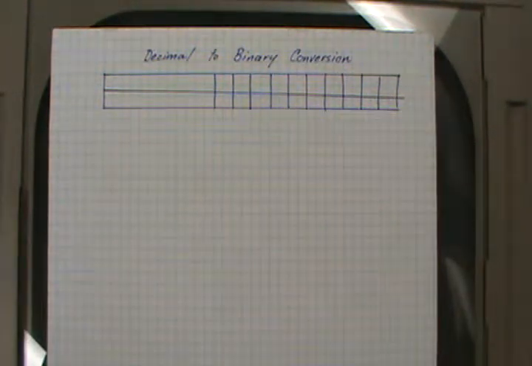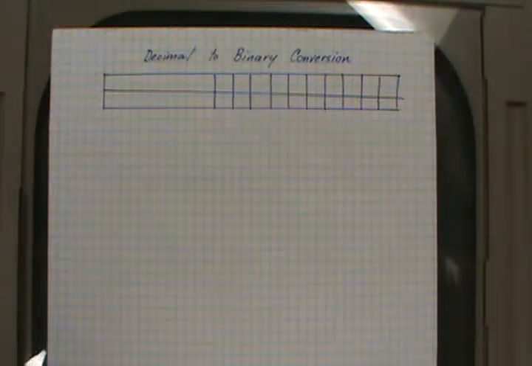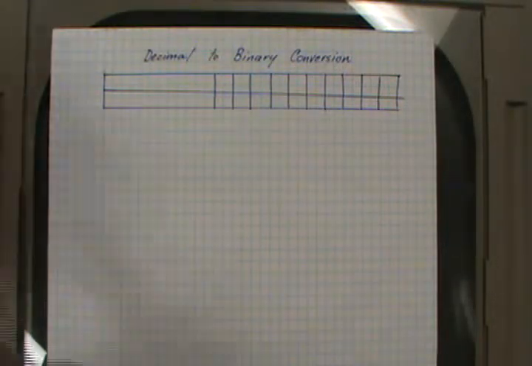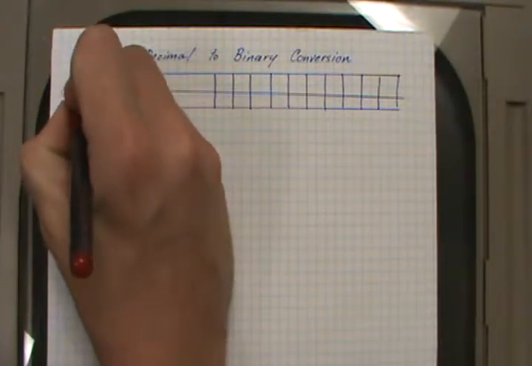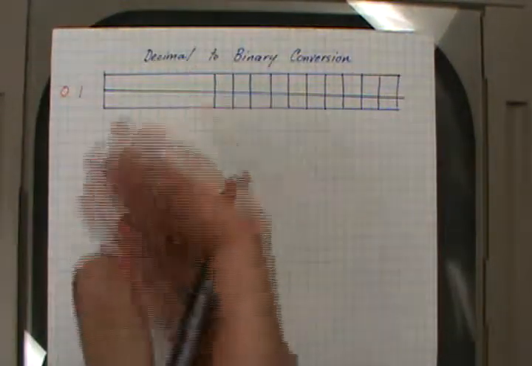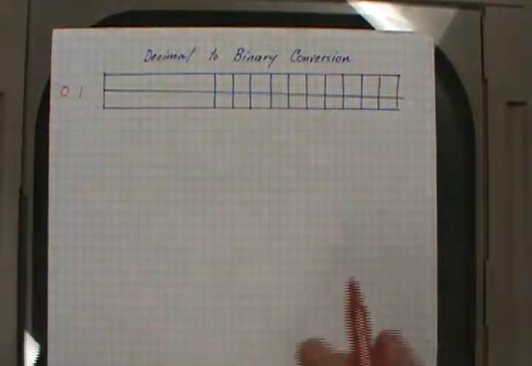But we talked about how we assign values, and that in binary we're really dealing with digits 0 and 1, as opposed to decimal form going from 0 to 9.